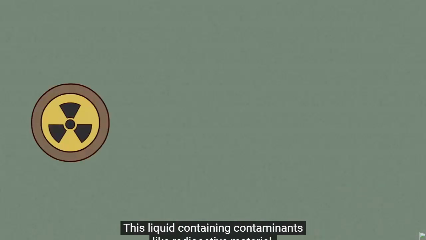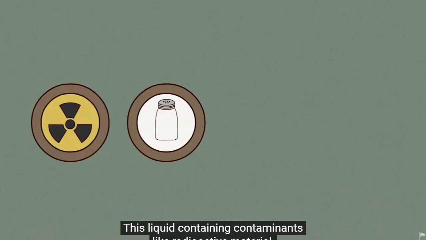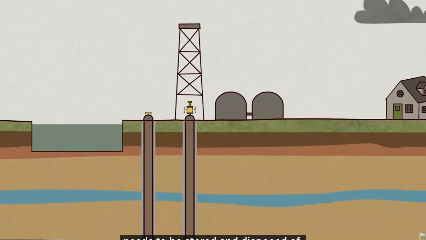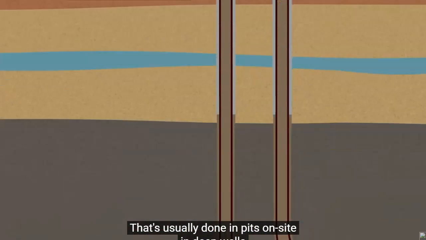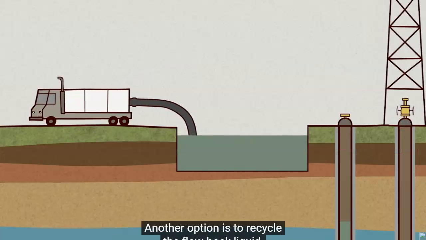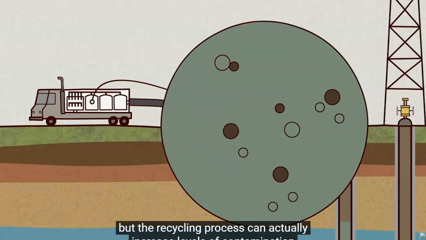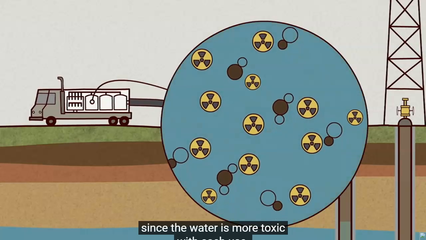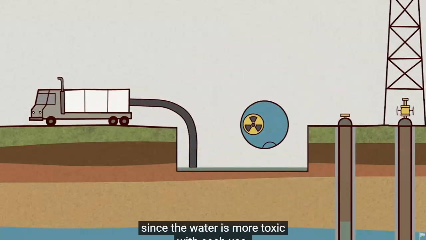This liquid, containing contaminants like radioactive material, salts, heavy metals, and hydrocarbons, needs to be stored and disposed of. That's usually done in pits on site, in deep wells, or off-site at water treatment facilities. Another option is to recycle the flowback liquid, but the recycling process can actually increase levels of contamination since the water is more toxic with each use.